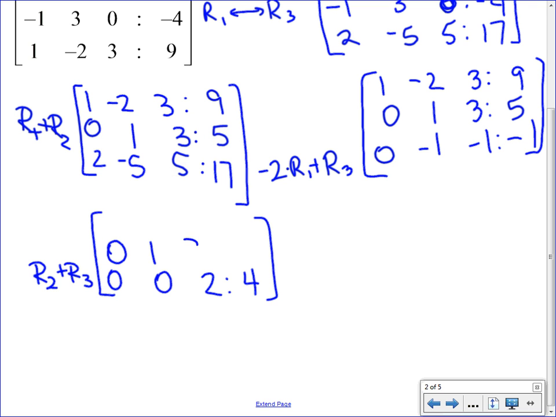And multiply by half. Okay. We have our 2 zeros, but we need this first non-zero entry to be a 1.